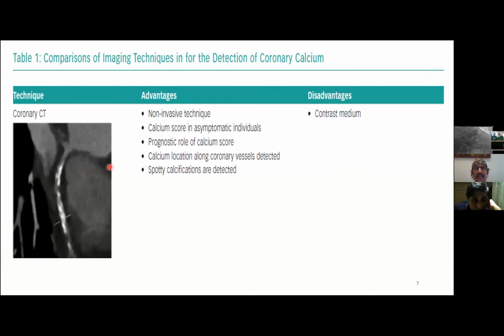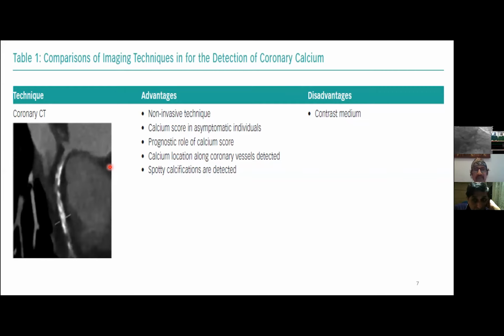Let's see how we can image and compare the various imaging modalities. Most of the time, the CT angio is ignored. The radiology department reports, and the cardiologist is only interested in finding out if there is some lesion, and then wants to take the patient to the cath lab.